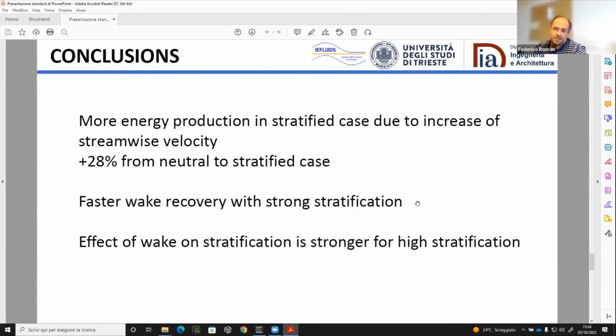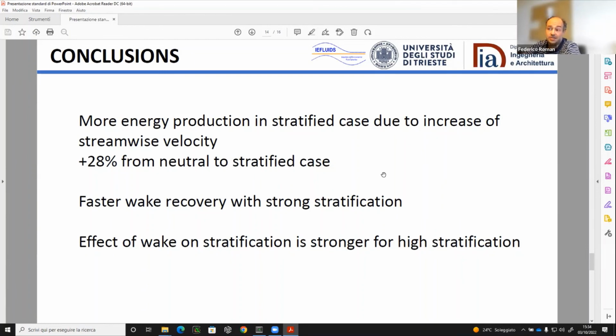Well, the model that we used for turbulence, for example, was validated for the case of turbulent channel flow with stratification. The case of a turbine inside the stratified flow is a topic that has not been so explored yet.